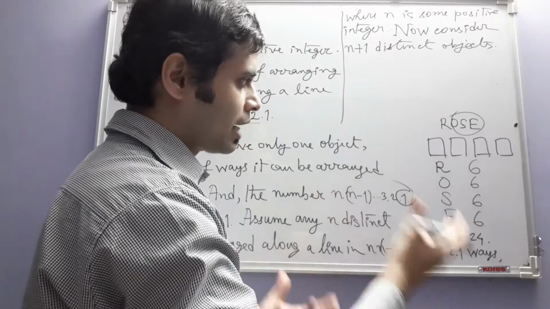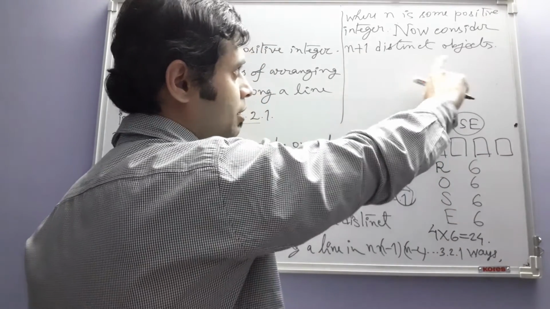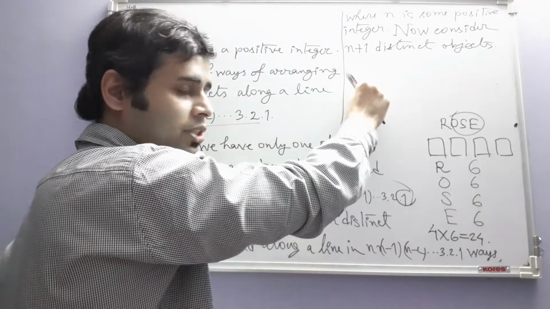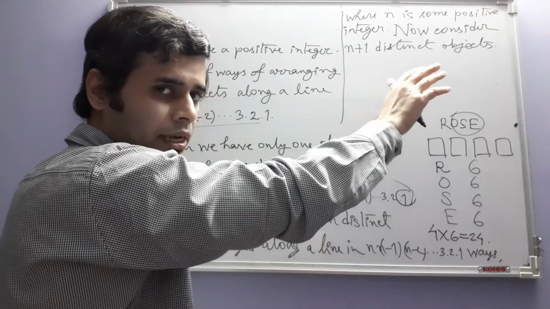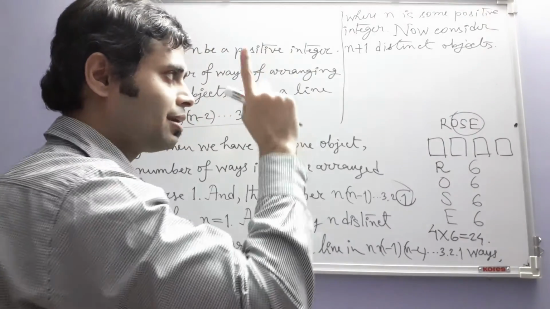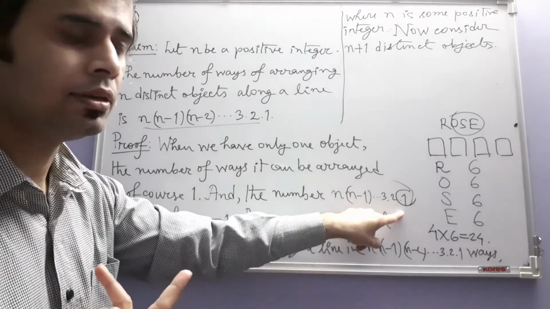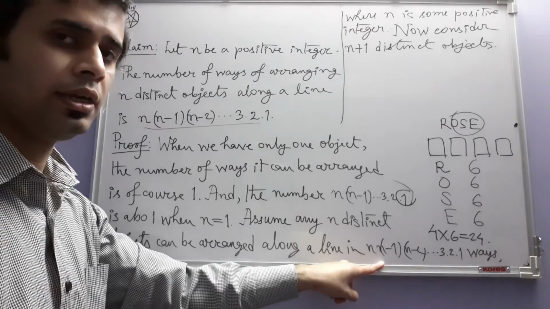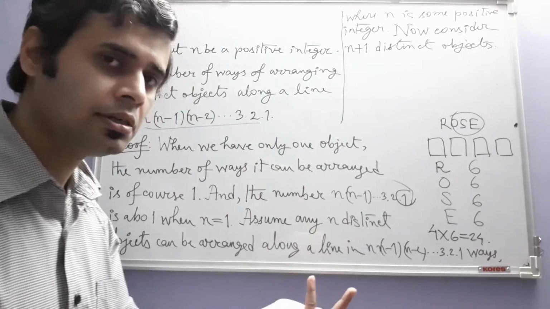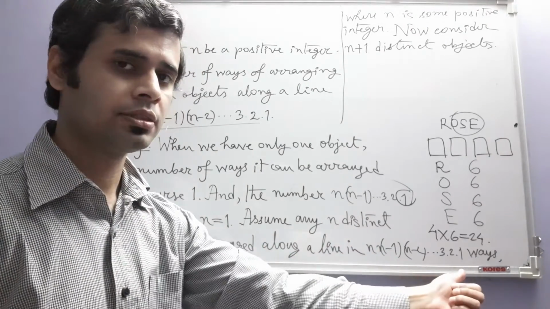So what I am trying to say here is that out of these n plus 1 distinct objects, if I choose one object first, then I am left with n distinct objects. Those n distinct objects can be arranged in this many ways. Why? Because that is my assumption, the induction hypothesis. I have assumed that whenever there are any n distinct objects, they can be arranged along a line in this many ways.